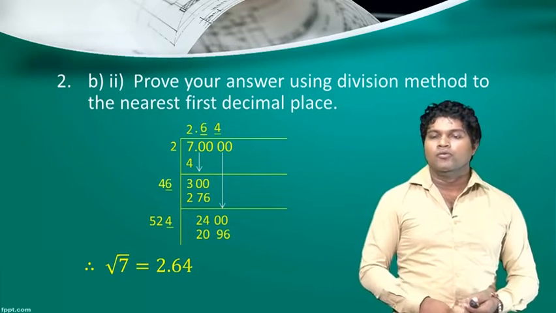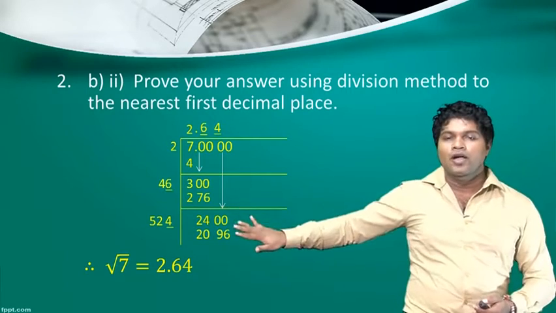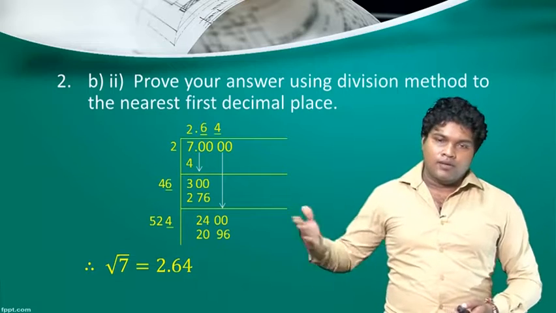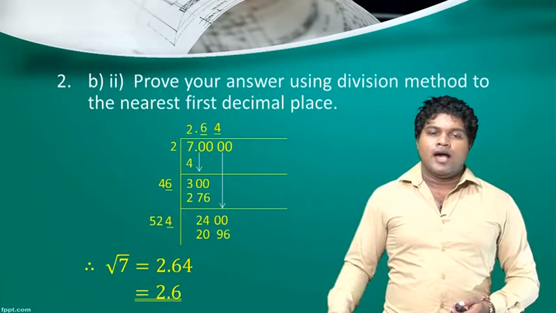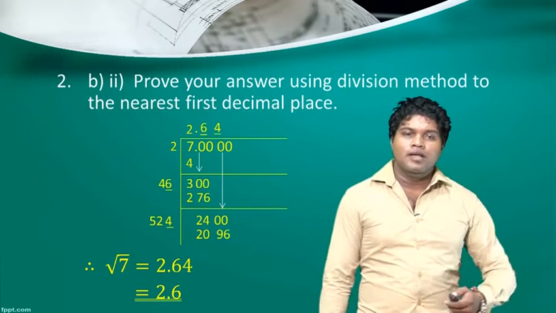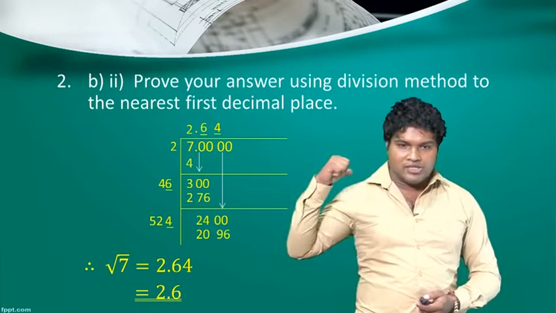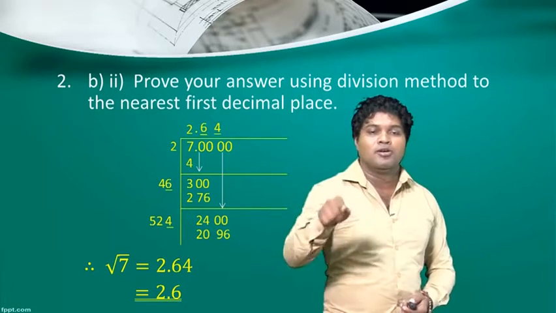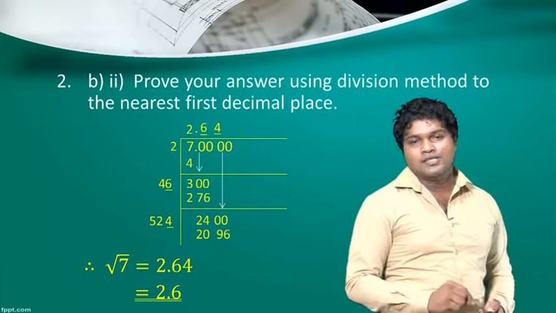Then you have to round off. By rounding off, you just remove the 4. 4 is a low digit, therefore no 1 is added to the previous number. The answer is 2.6. You can check the number we obtained for root 7 in the previous question: 2.6 by the approximation method, and the division method also gives 2.6 to the nearest first decimal place.